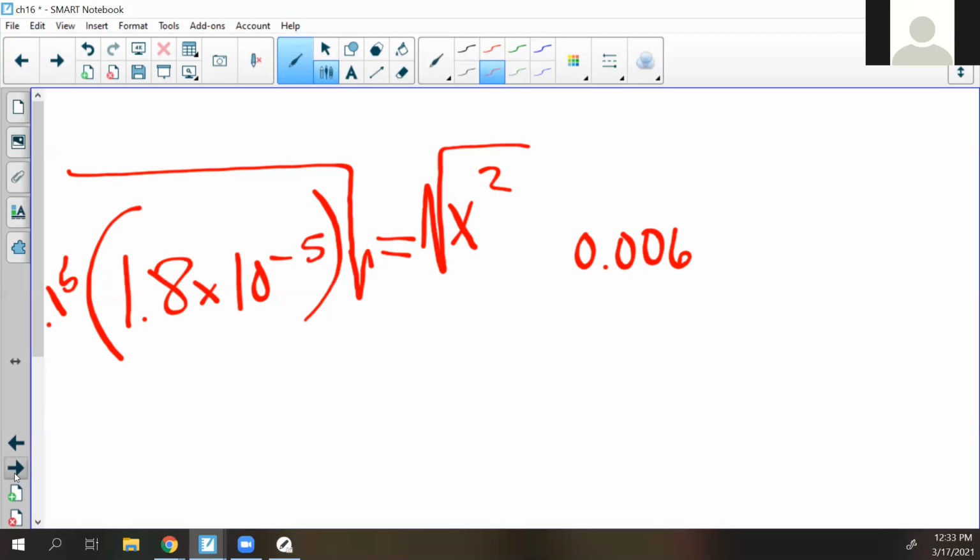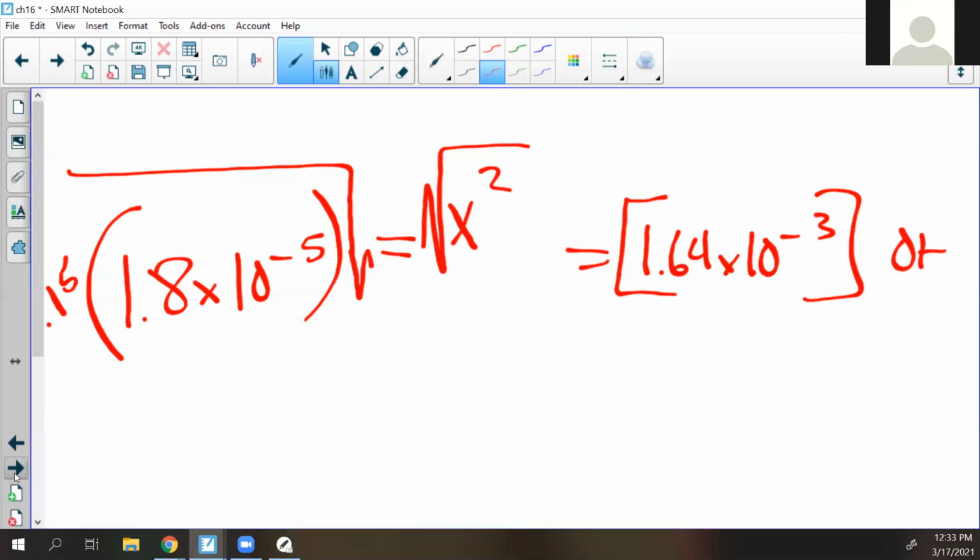0.0016431677. Okay, so I'm going to say that is equal to 1.64 times 10 to the negative third. We okay with that? But what is that answer? That's the concentration of your OH.